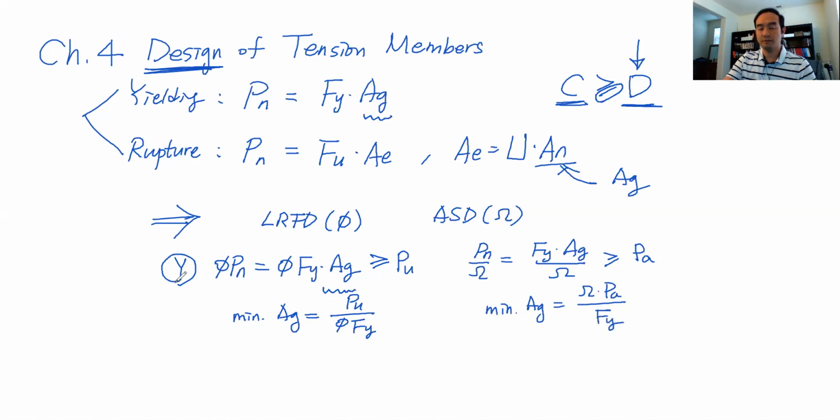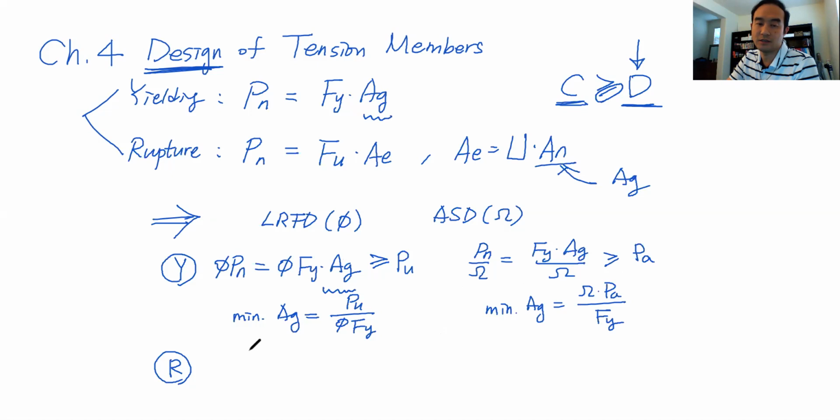Okay, so this is about the yielding limit state. And then also we have to consider the rupture limit state. And by the way, this is equation number 4-2. The LRFD, sorry, ASDs are 4.1a and 4.2a. So anyway, these expressions are all available in your textbook.